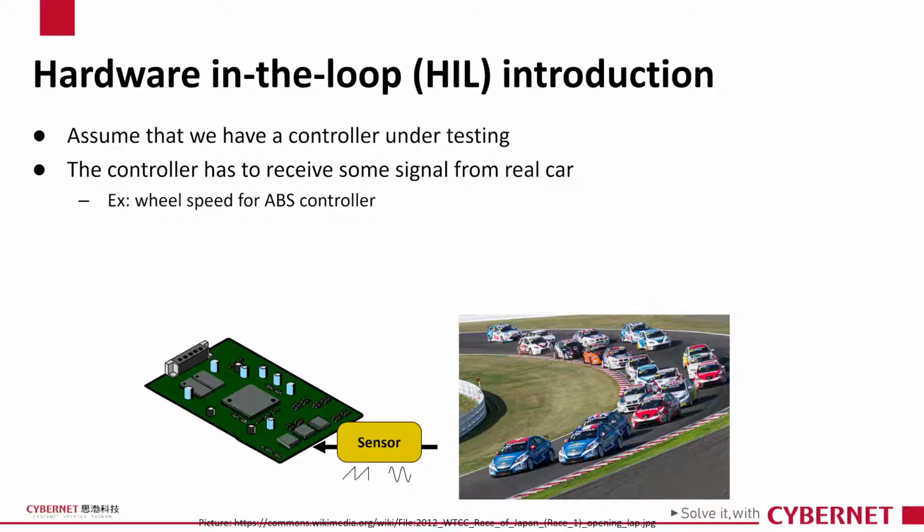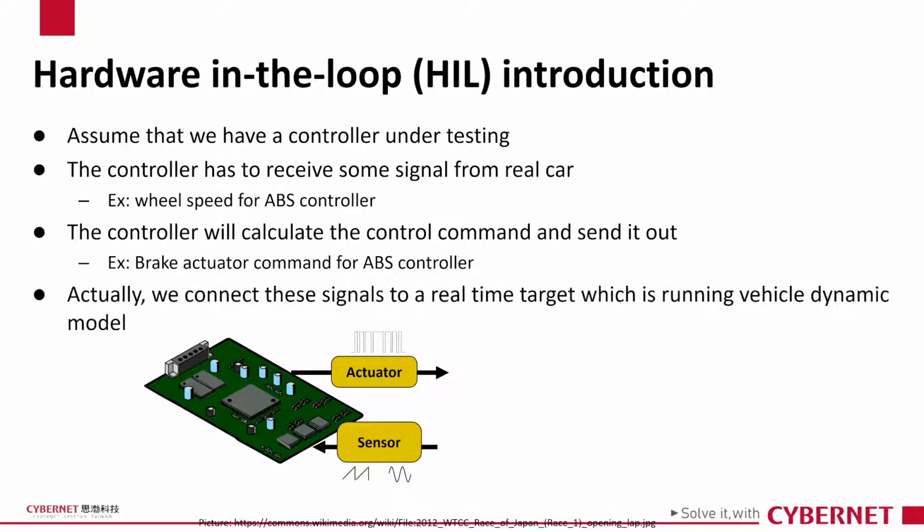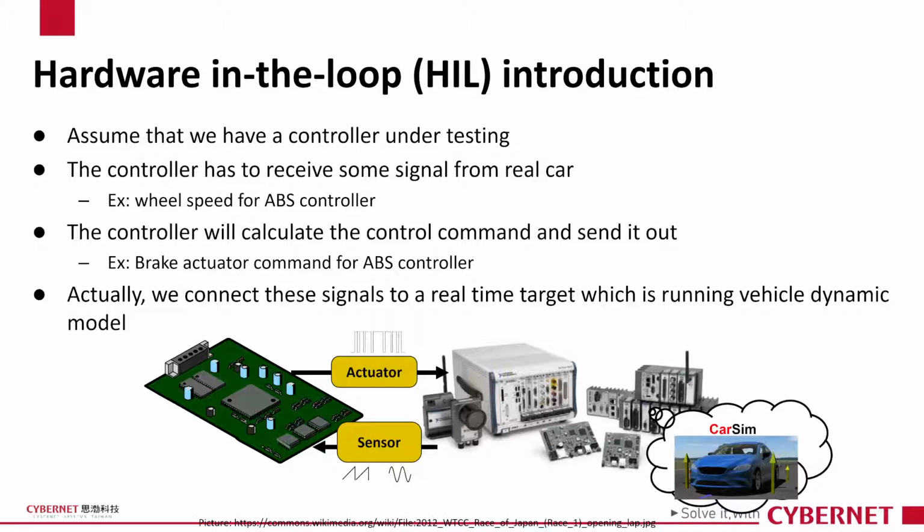For example, the ABS controller will have to get the wheel speed from a real car. Then, the controller will calculate the control command and send it out, just like the ABS controller will send out the brake control command. The different point is we will connect these signals, inputs and outputs, to a real-time simulation platform, which is running CarSim.